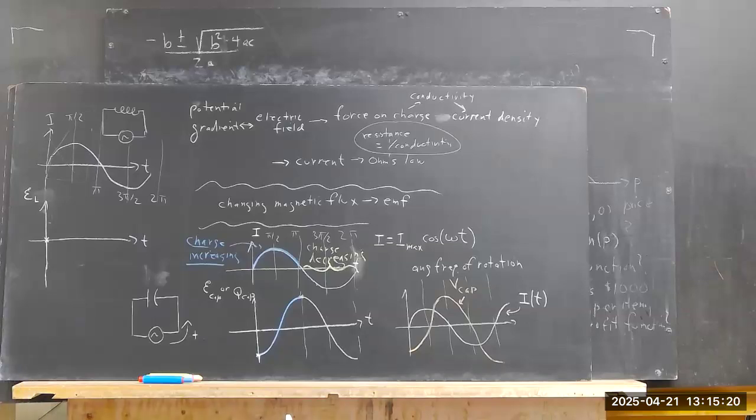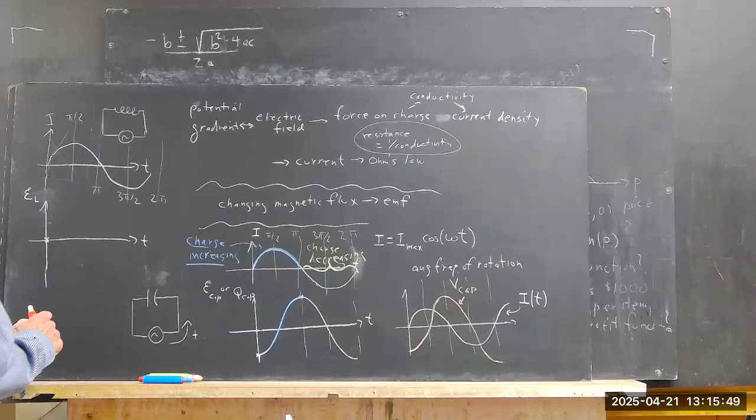Again, if this is your current through the inductor, then the rate at which the current changes gives you the back EMF, right? Now, I'm going to take a back EMF as being positive. You'll see in a minute when we set up these circuits.